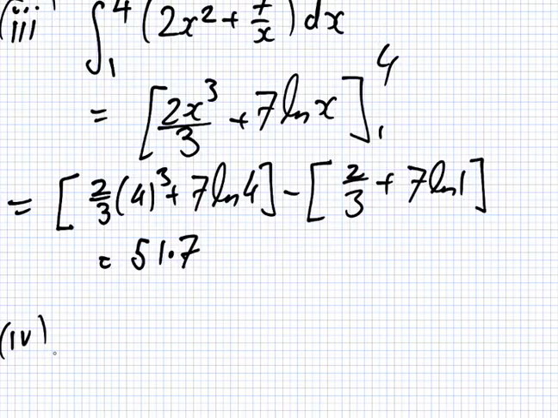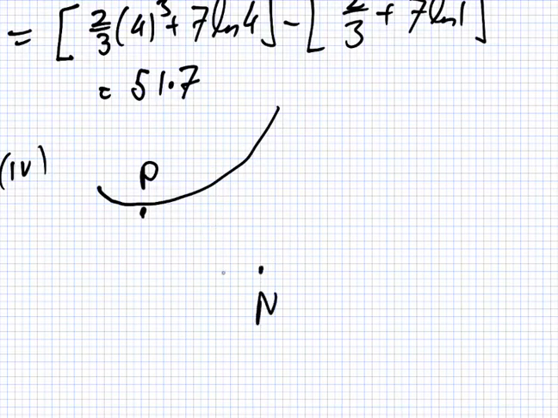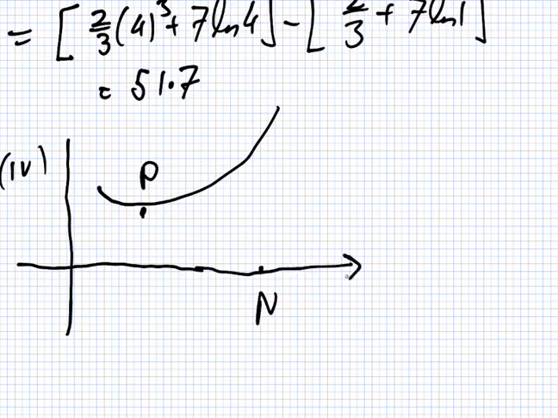So if we just recap what we found, if I quickly draw the graph here, so you have your curve, and here is P, and then here is N, and here is the XY axis. You are told that this point here is 1, and this point here you worked out as being 4. That was part 2. And the area you calculated was this green area here.